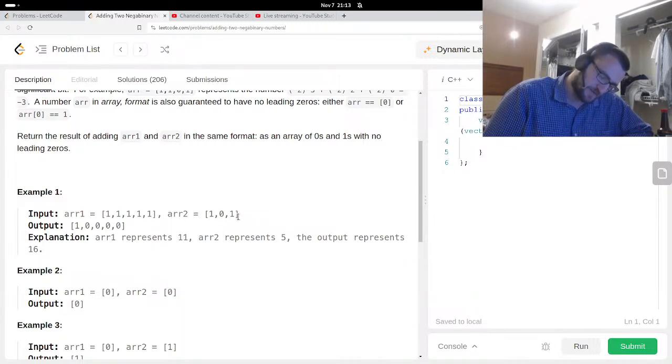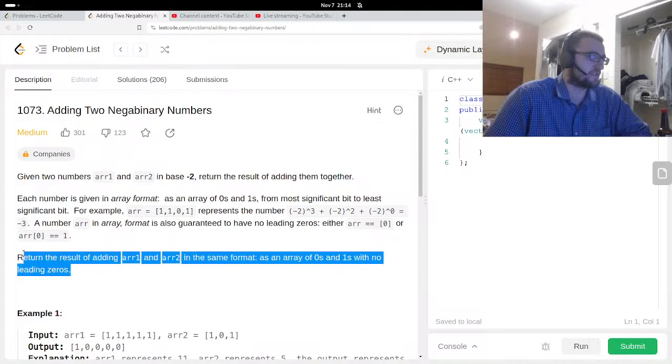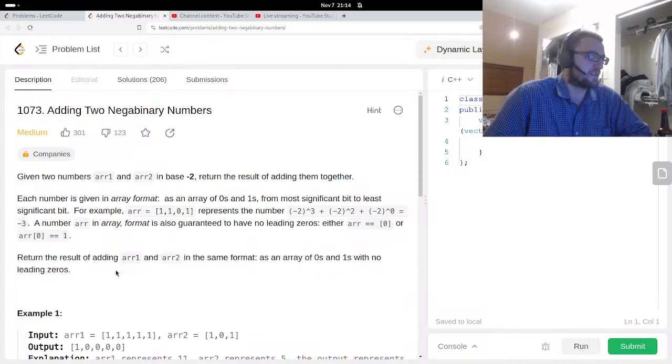So 1 minus 1 is 0, but 0 minus 1 gives me another -1, which has to be propagated to the left. Interesting. No leading zeros. Okay, so I've got to just make the longer of the two on the left side, I think.